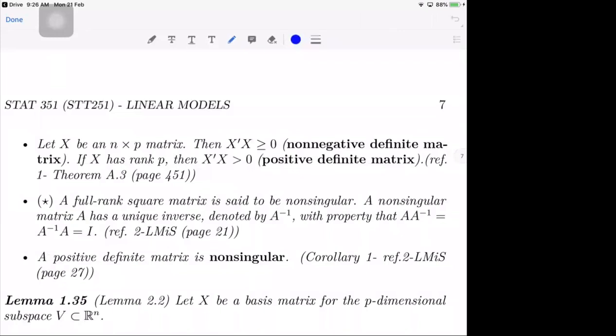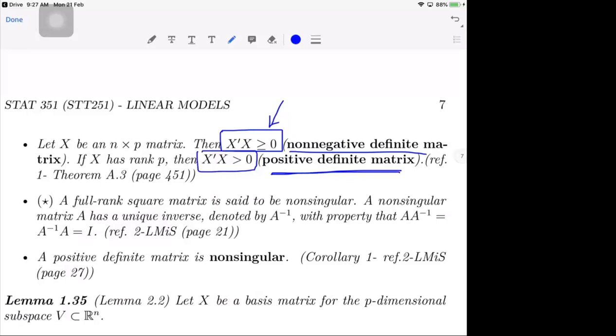We have also these terms, non-negative definite matrix and positive definite matrix. When we write a matrix in this form, A greater than or equal to 0, it doesn't mean anything about X prime X. Basta it's a matrix that is greater than or equal to 0, we are referring to this notation as a non-negative definite matrix. And if it is strictly greater than 0, we refer to that matrix as a positive definite matrix.